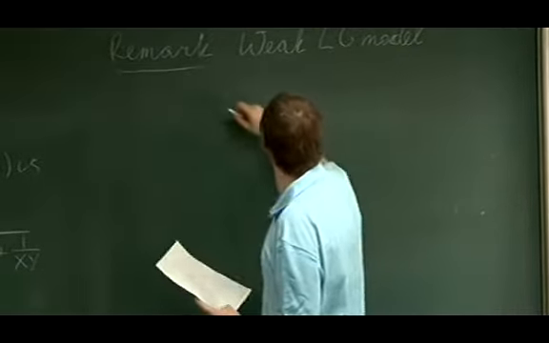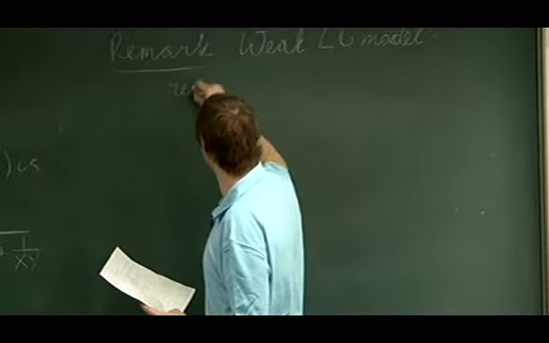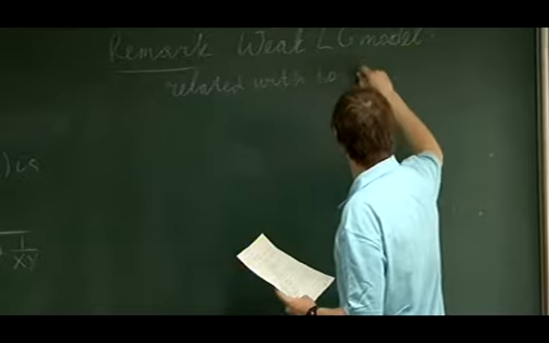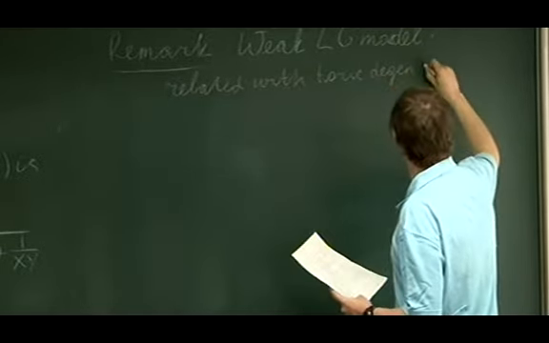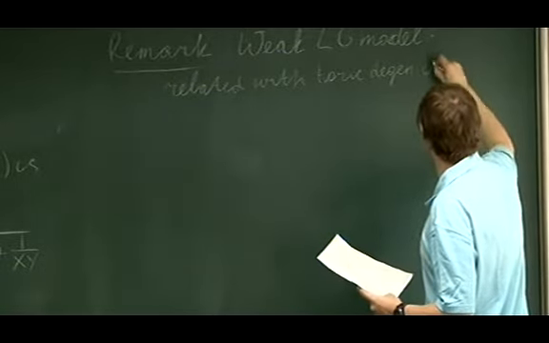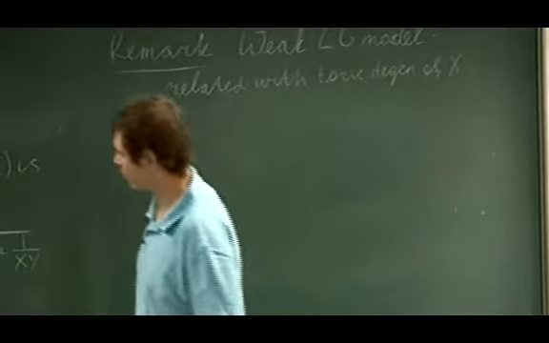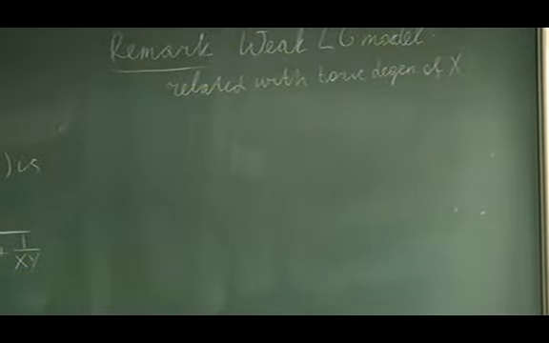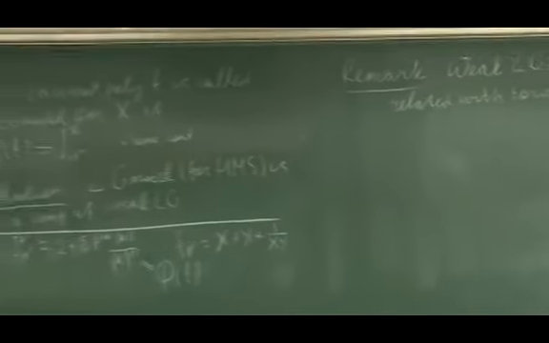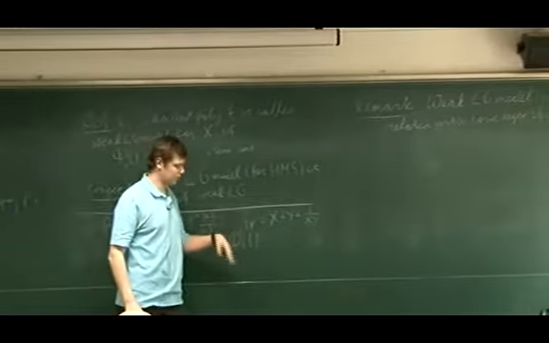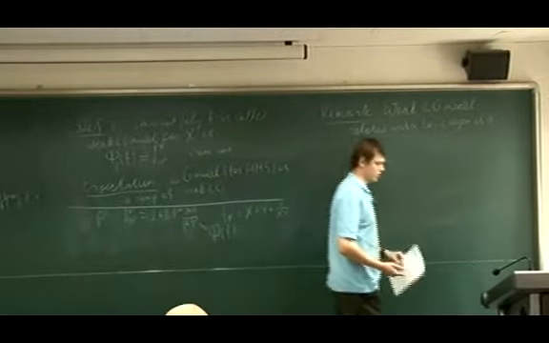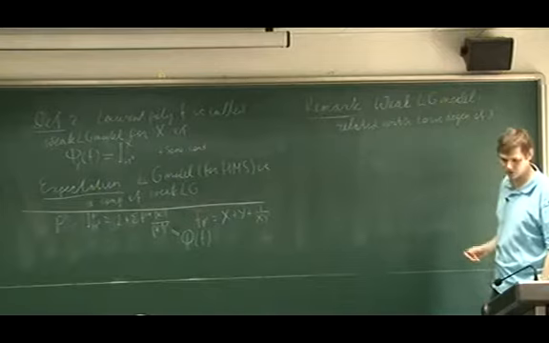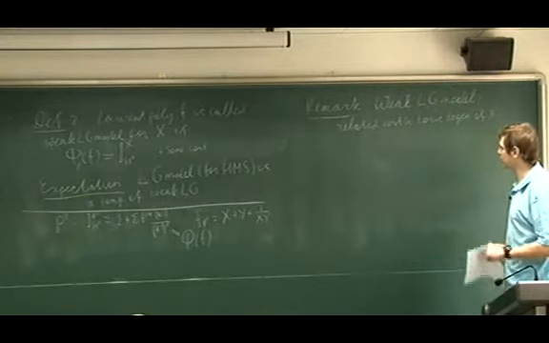For example, they are related with toric degenerations for our variety X. That is, well, a conjecture: it seems that the Newton polytopes of polynomials corresponding to a Fano variety X are exactly polytopes corresponding to toric degenerations of X, but it's known only in some cases.